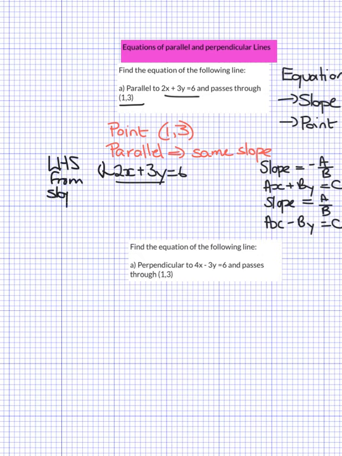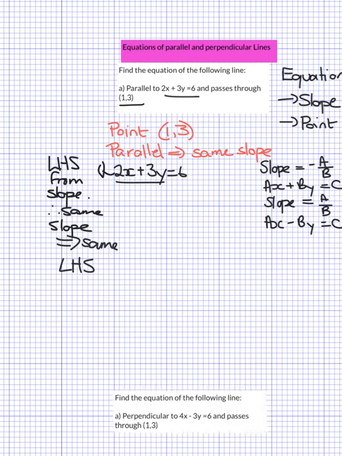Therefore, if the slope is the same, which it is with parallel lines, the left-hand side will be the same. So therefore, same slope implies, and that's what this arrow means, implies the same left-hand side. So all you need to do, therefore, is find what the right-hand side is.